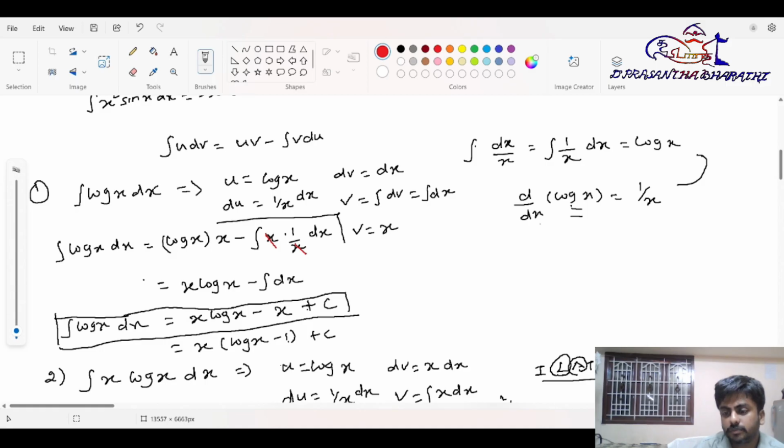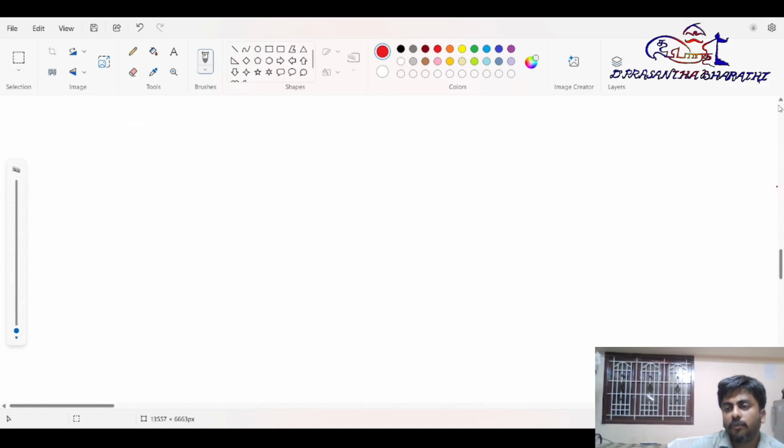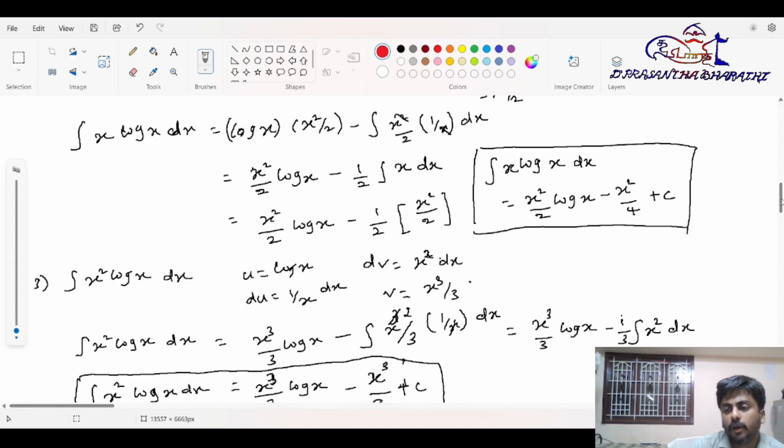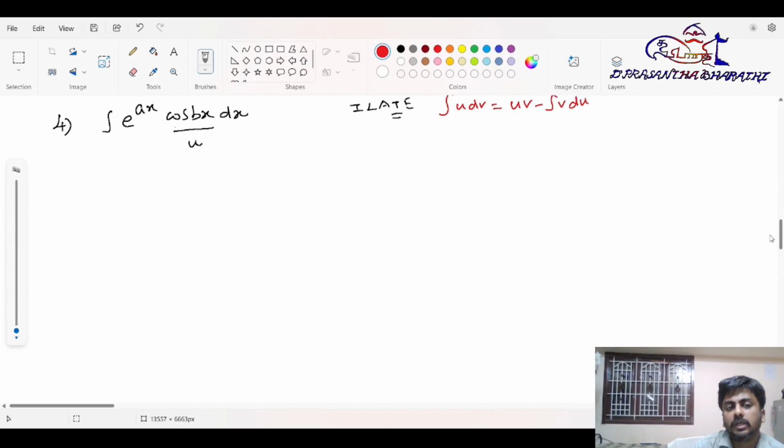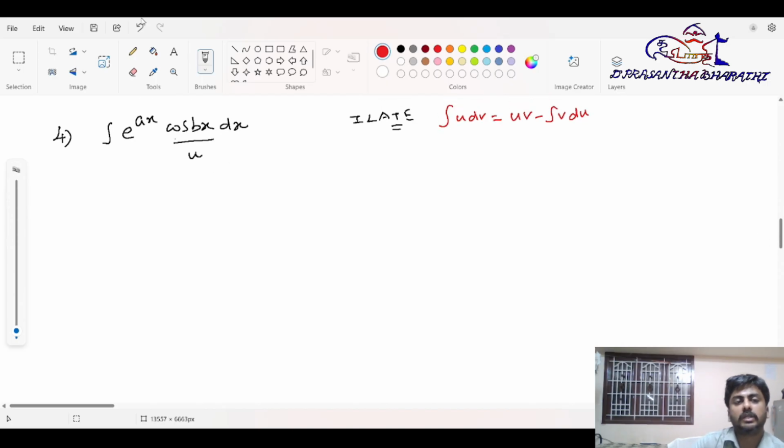But in this case, what is dv? dv equal to e power ax dx, right? So I shall tell you clearly here. u equal to cos bx, then dv equal to e power ax dx.